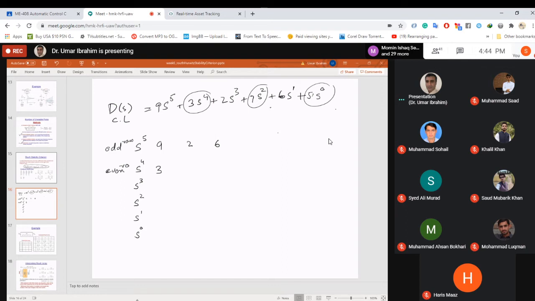So the first coefficient is 3, the second even power coefficient is 7, and the third even power coefficient is 5. Clear here, students? Yes, sir.